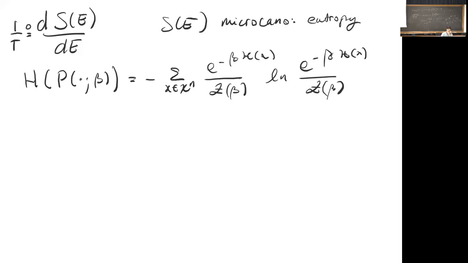You just apply the definition of Shannon entropy specifically to the Boltzmann distribution. And what's that? So this log gives me minus beta h of x minus log z.